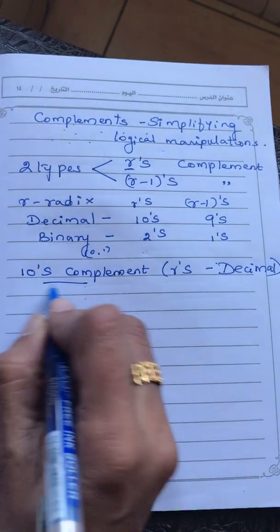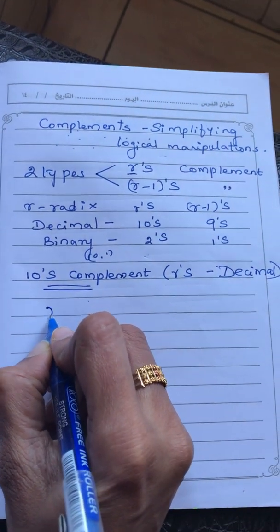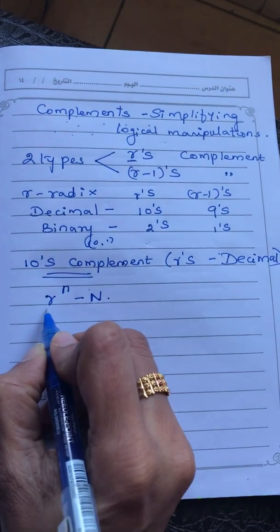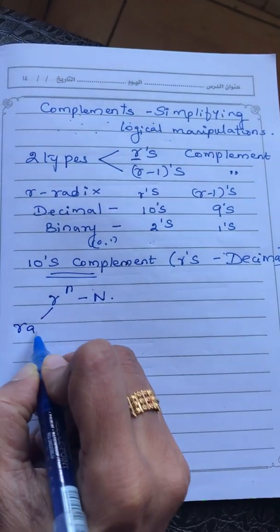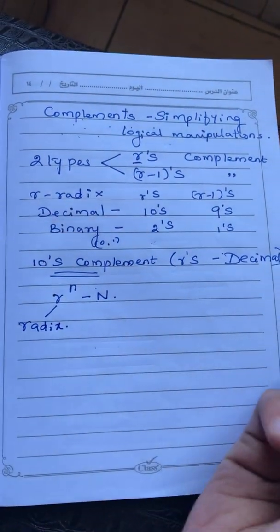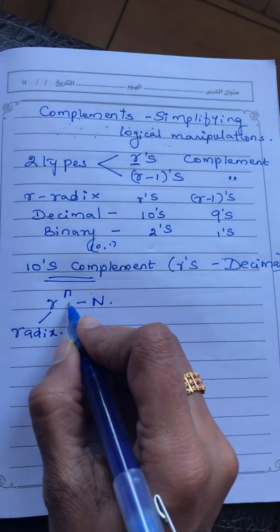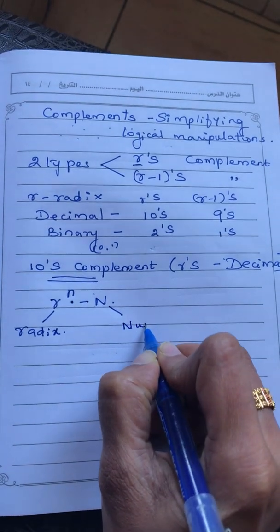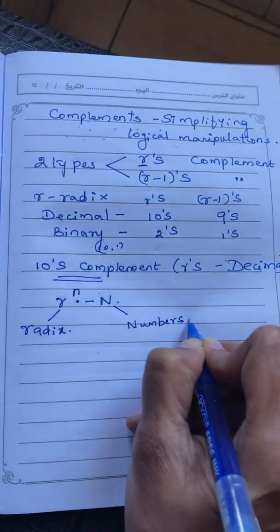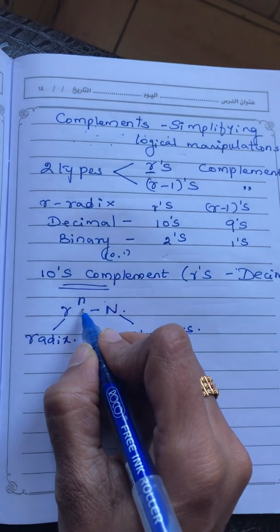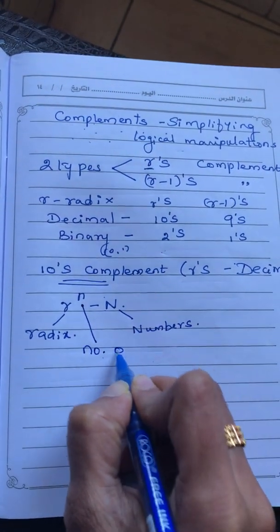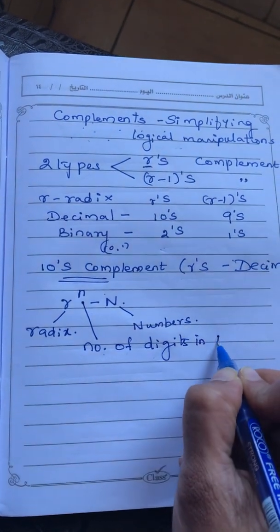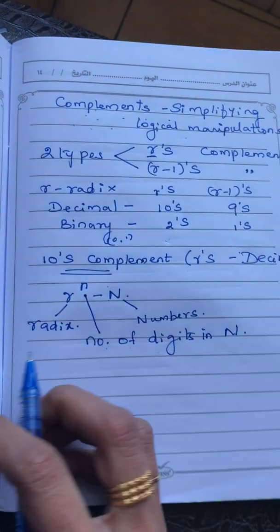This can be obtained by a simple formula, r power n minus N, where r is radix, capital N is the number you want to find the 10's complement for, and small n is the number of digits in the number.